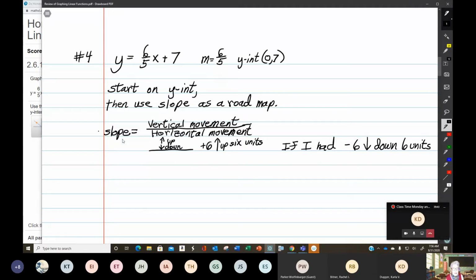So the numerator of the slope tells you whether you're going to move up or down and how many units you're going to move. Kind of like north or south.